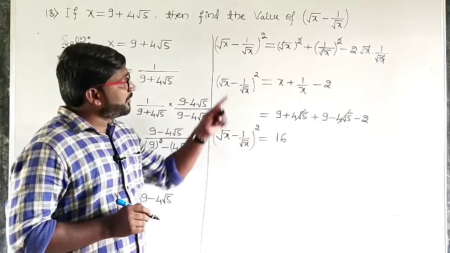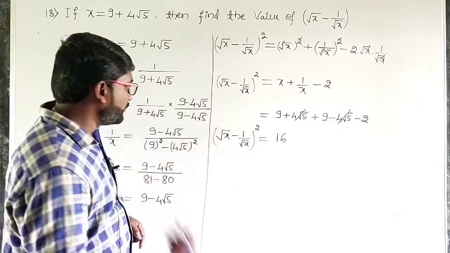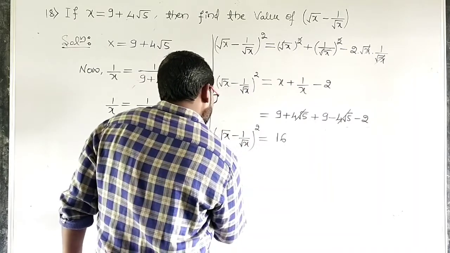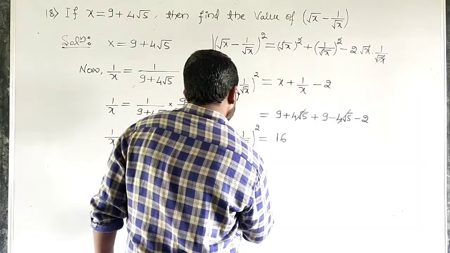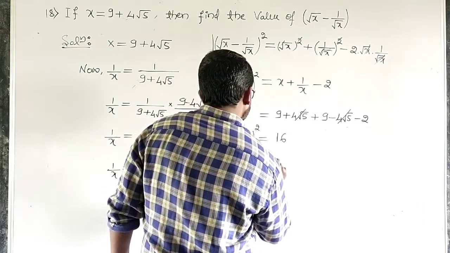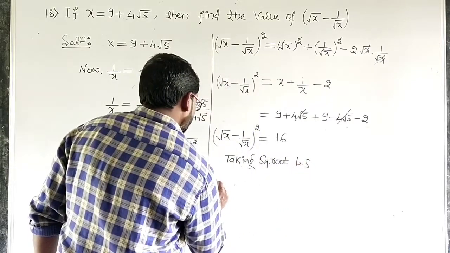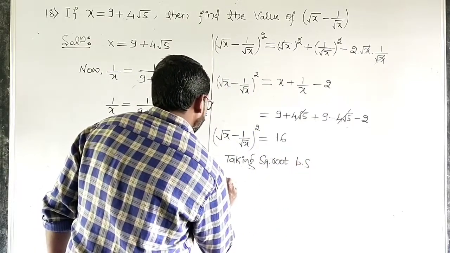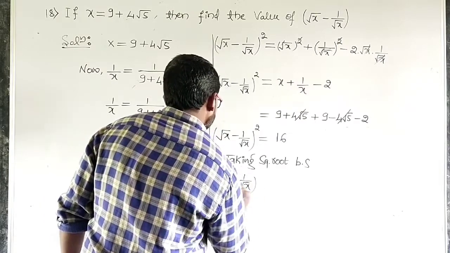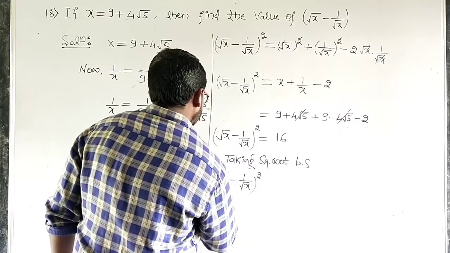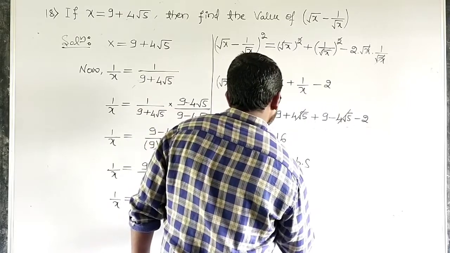Now we want only root x minus 1 by root x. That means we have to take the square root on both sides. So here we take the square root of root x minus 1 by root x the whole square, which is equal to root 16.